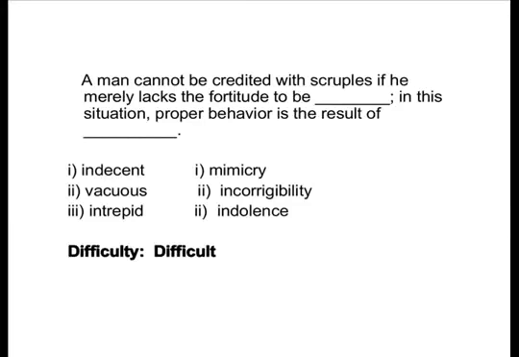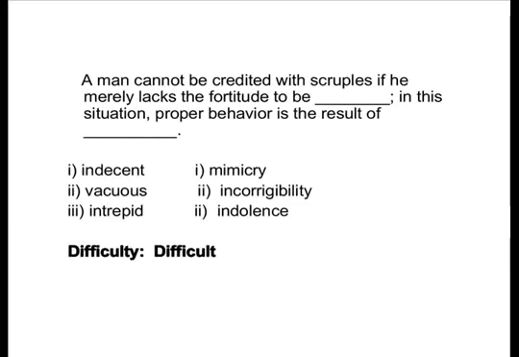Okay, the sentence is implying that a man cannot be credited with good behavior if he merely lacks the fortitude or courage to be blank. It's clearly implying the opposite. It leads us to the opposite here. So we know it's got to be bad behavior that goes in that blank.